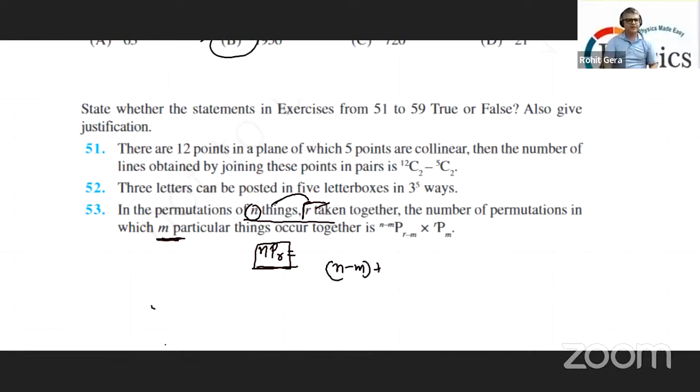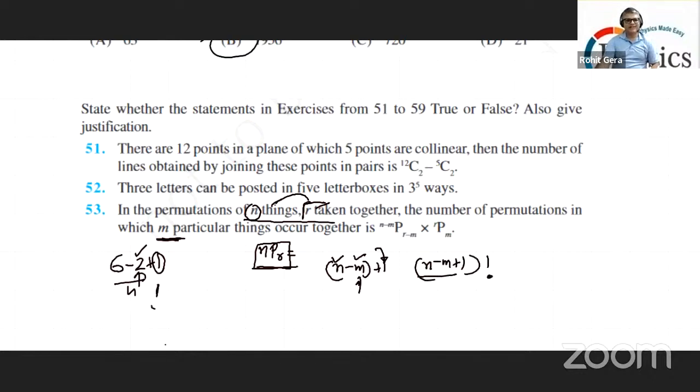For example, if I have 6 people and I want 2 to be together, the total number of bundles is 6 minus 2 plus 1, because the 2 got subtracted, remaining 4, and the 2 constitute one bundle, so it becomes a 5 bundle. So N minus M plus 1 factorial is one possibility I have.